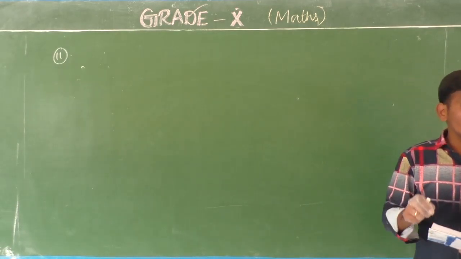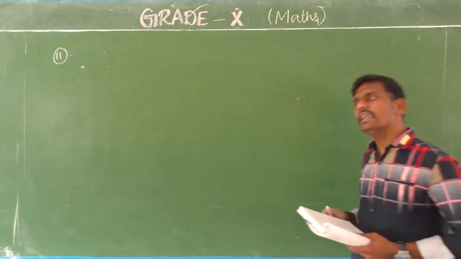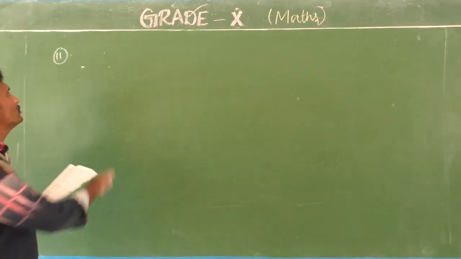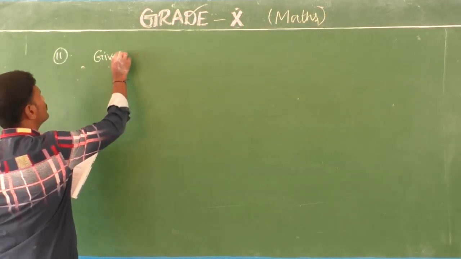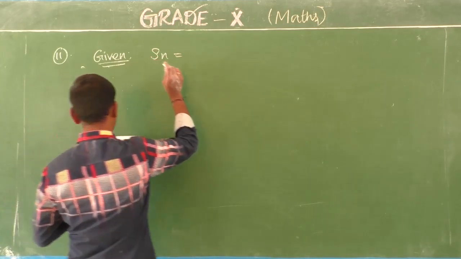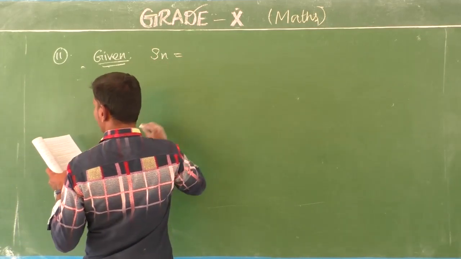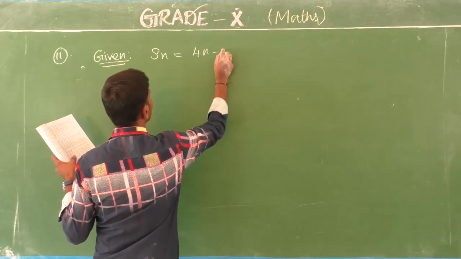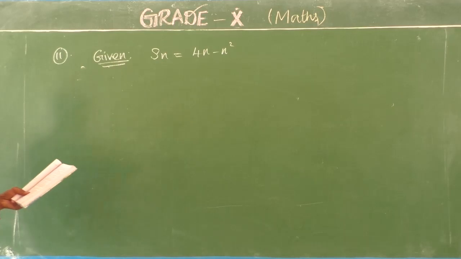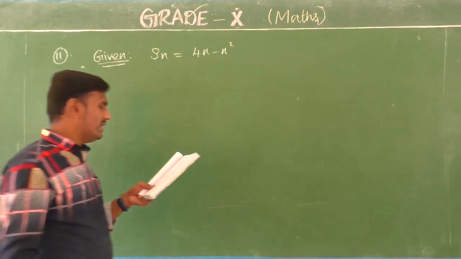In the previous question, they are giving the nth term an, but here they are giving Sn. So given Sn equal to 4n minus n square. So this is the given sum of n terms.